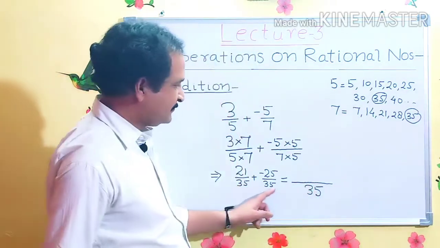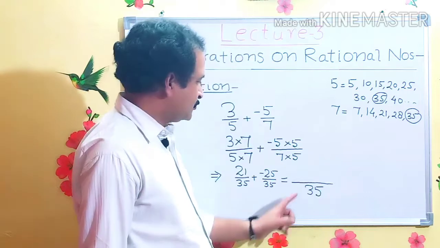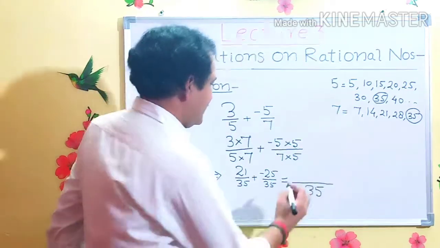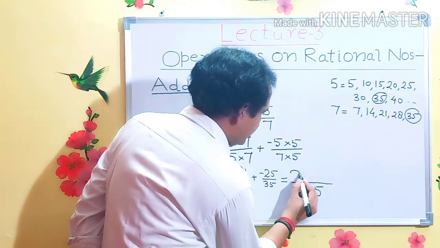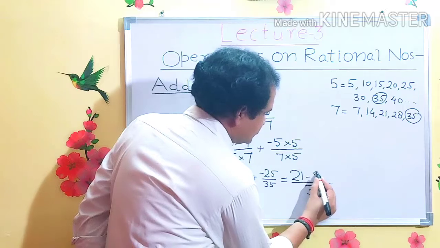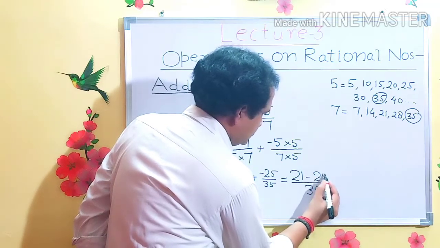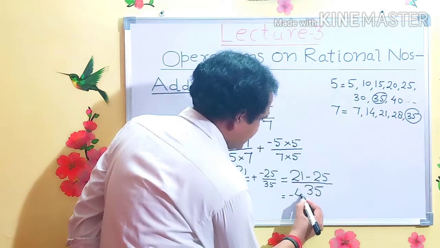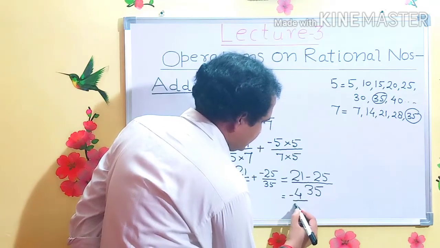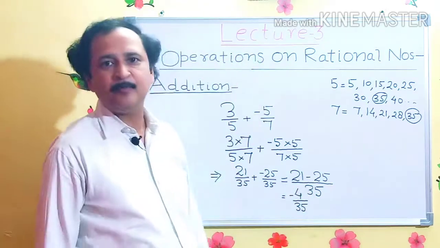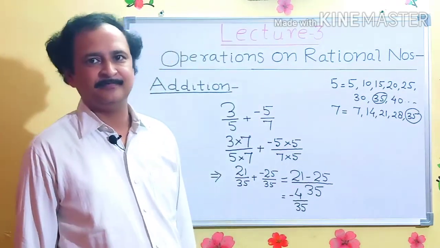Because both have the denominator 35, the new rational number has the denominator 35, and numerators of both numbers can add directly. So by adding these two rational numbers, the resultant is minus 4 upon 35.